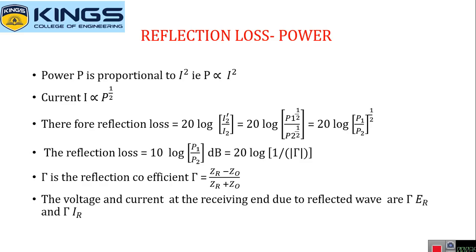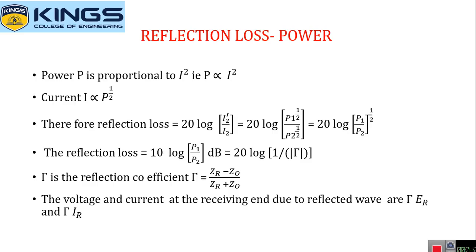If it is matched condition, the complete power we transmitted will be absorbed by the load or receiver, and that current is called I2 dash. So we are taking P1. In I2 it is the actual, because the actual power absorbed by the load is P2 only, so the actual current is I2. So we are comparing P1 and P2, the square root of P1 and the square root of P2.